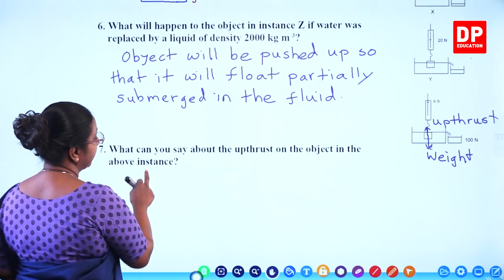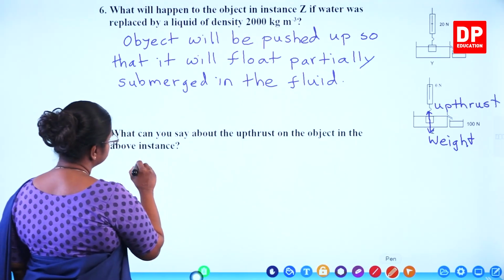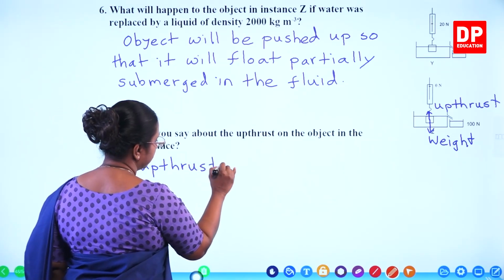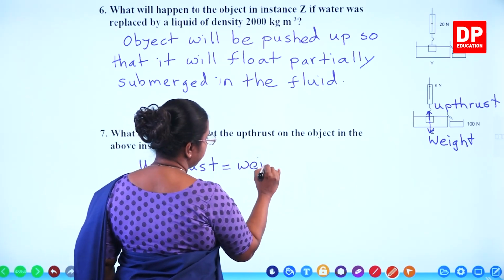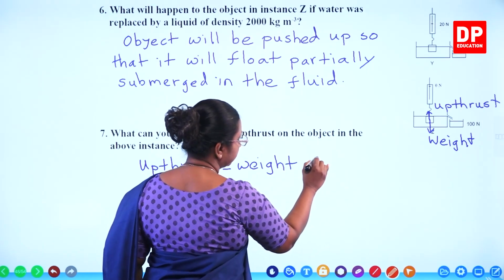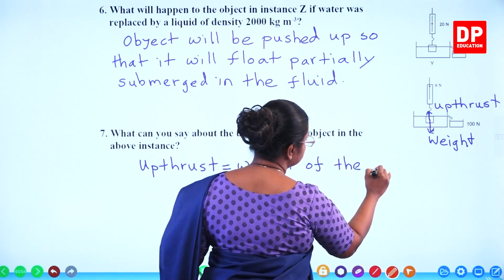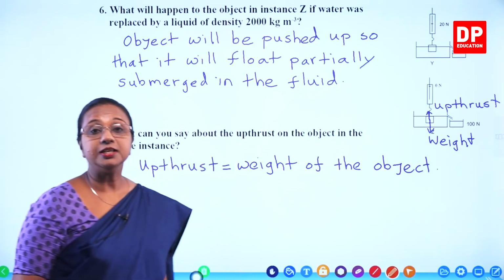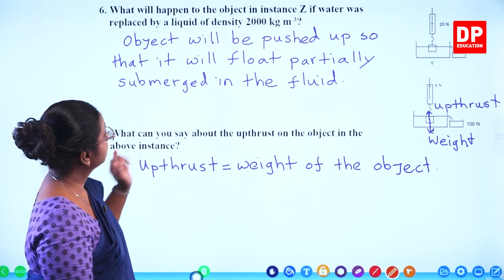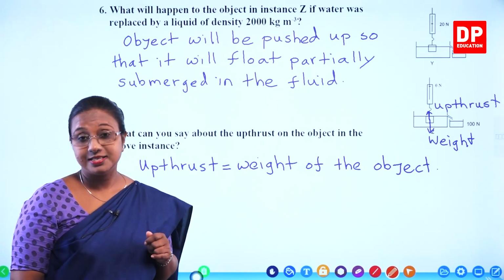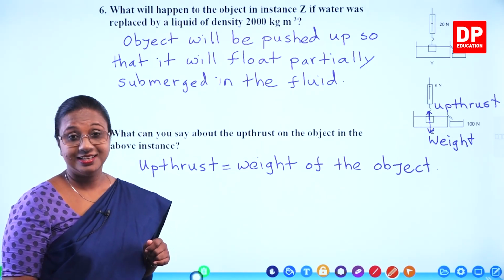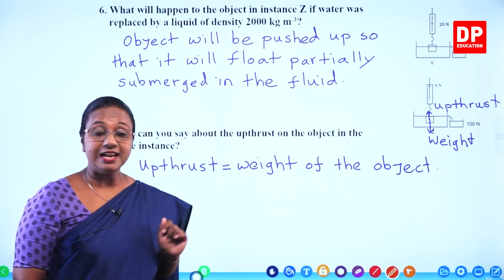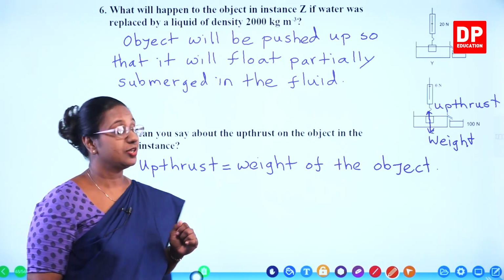So here we can say upthrust equals weight of the object. Upthrust will be equal to the weight of the object. So I'm sure, students, you can understand all these questions clearly, and I'm sure you would have also answered them correctly. With that, I will move on to the next question.